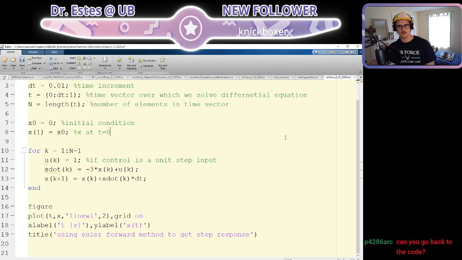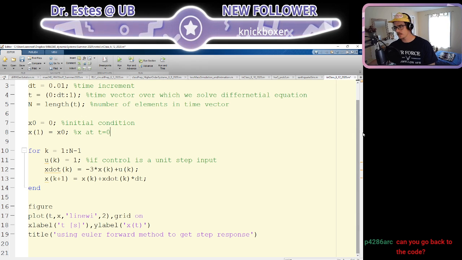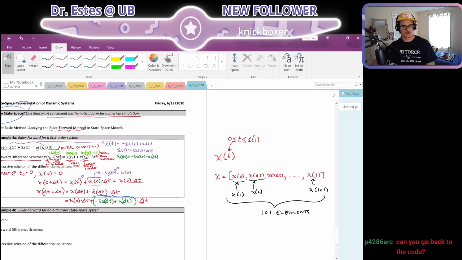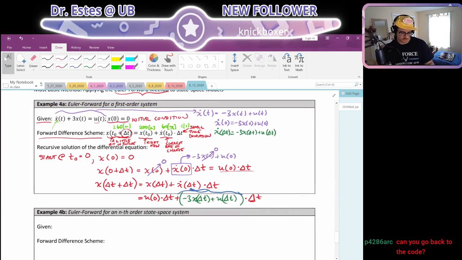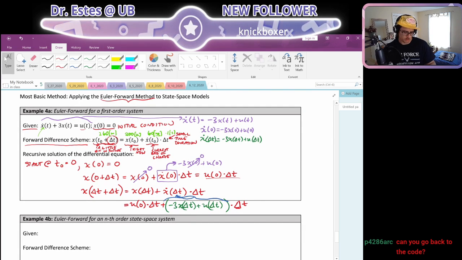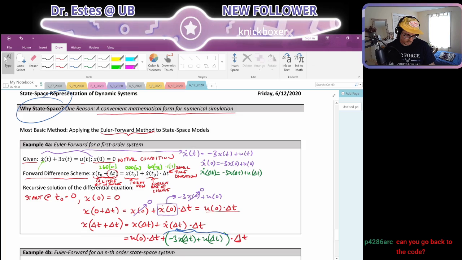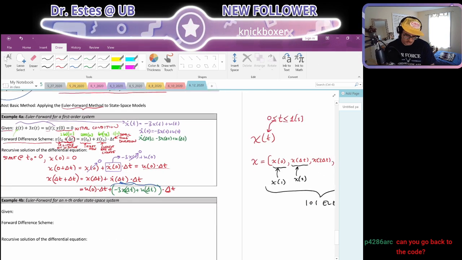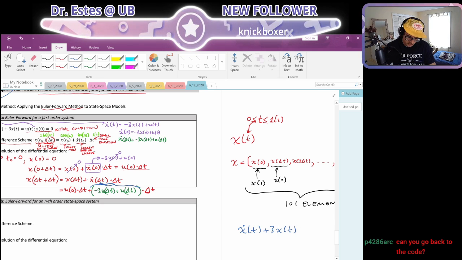I want to solve this equation the same way that we've been doing in the past, homogeneous and particular, and compare it. All right, I'm going to leave the code. I'll post that code. We'll go back to it in a second too, but let's quickly solve this the way we're used to on the side.